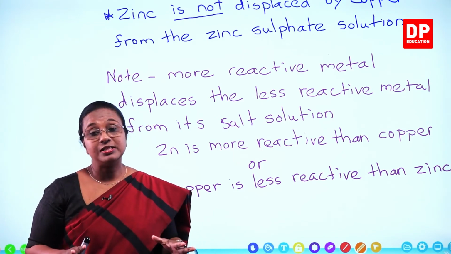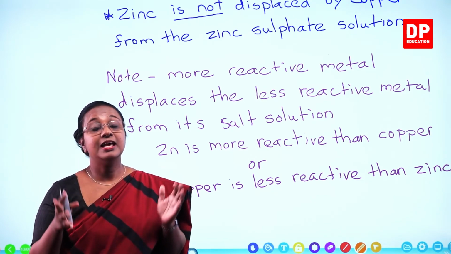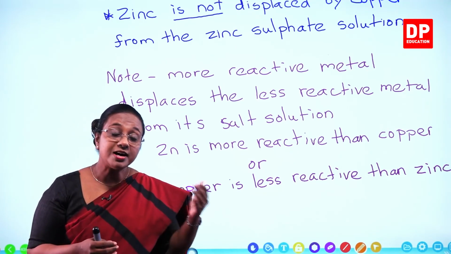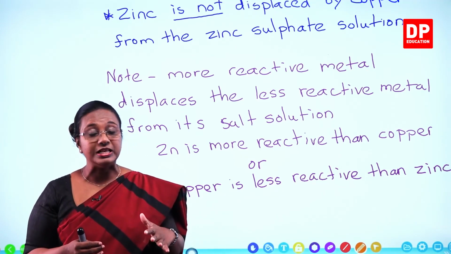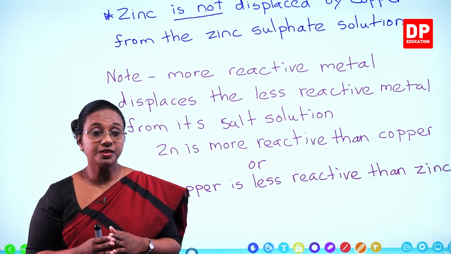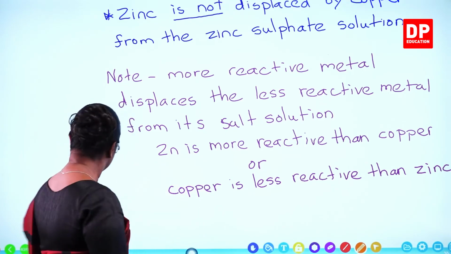So, from all these observations, we will be able to understand the reactivity of different metals: how fast they react, how slowly they react, or whether they don't react at all. So, with that understanding, students, I will move on to the next slide.